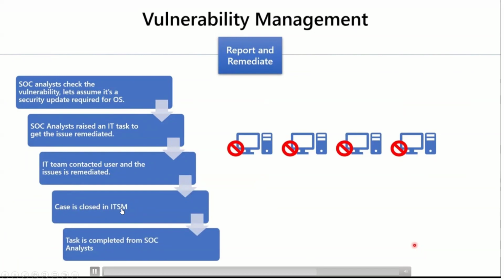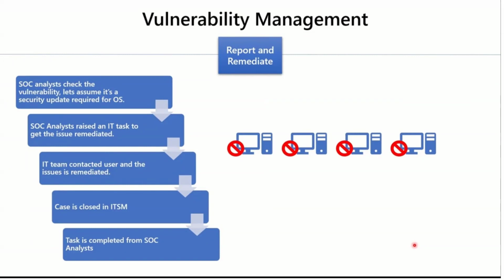Once the vulnerability is scanned, discovered, and a risk score is assigned to it, it's communicated to the IT team to remove this vulnerability and suggest a possible solution. Once it's done, the team evaluates that this vulnerability was already existing and has now been removed, and the case is closed.